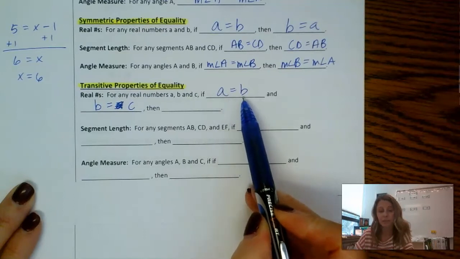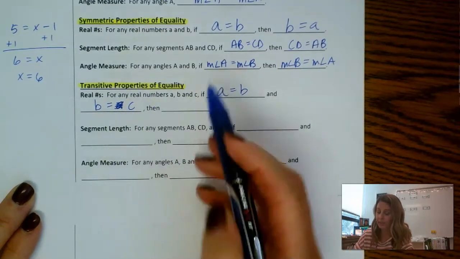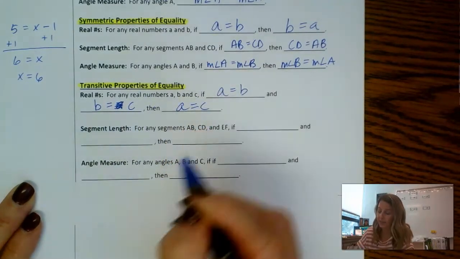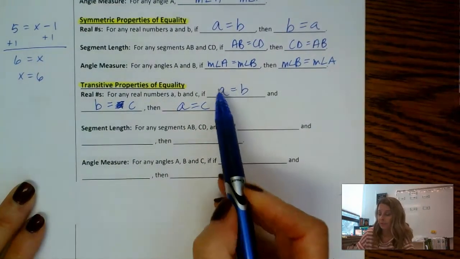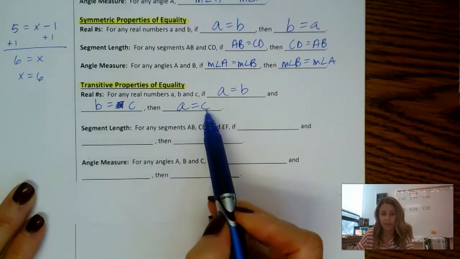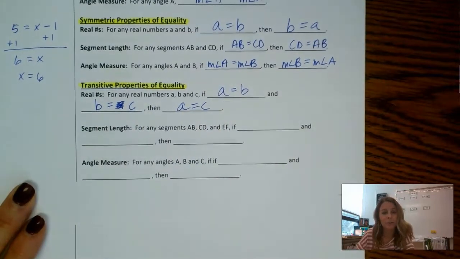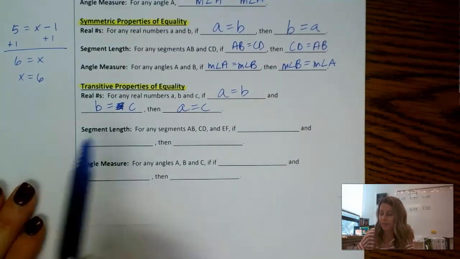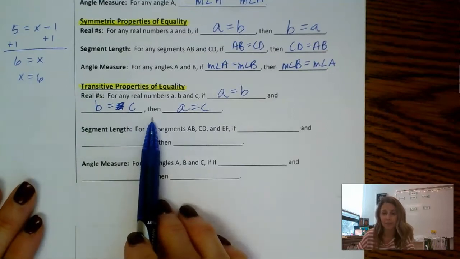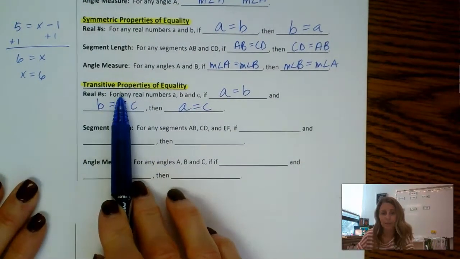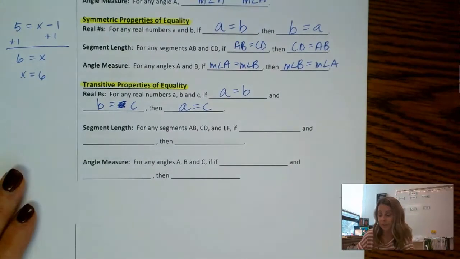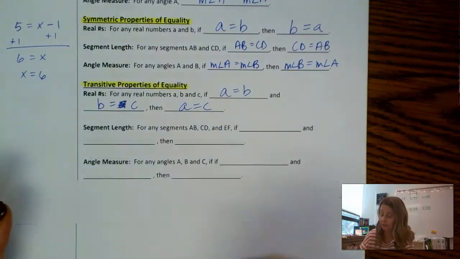If A equals B and B equals C, then A is going to equal C. That should sound a little familiar from earlier in the unit. That's like the law of syllogism. Transitive property is really the law of syllogism. I like to think that the transitive property transfers the equality from the beginning to the end.